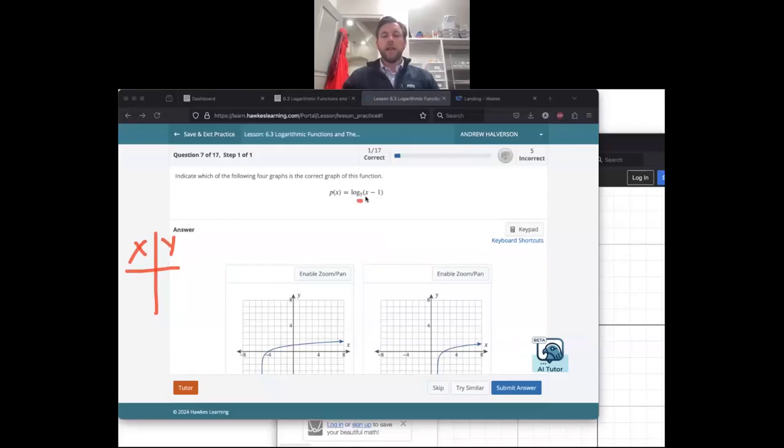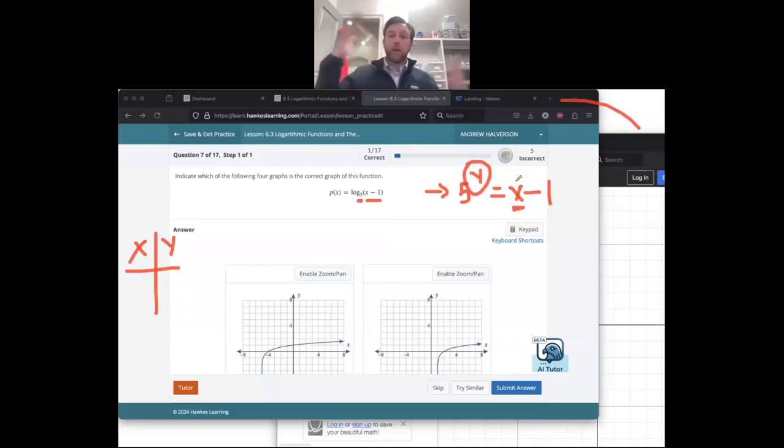I want this thing here, the x minus 1, to be something like 5, 25, 125, powers of 5. Why? Because remember, this is going to translate to 5 to something equals x minus 1. So I need to pick values here that I can find the exponent of.